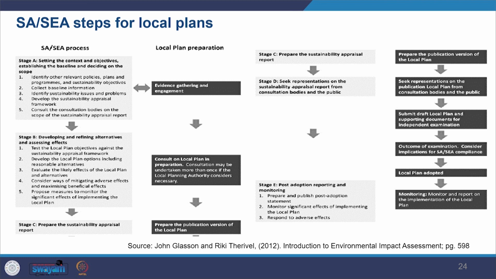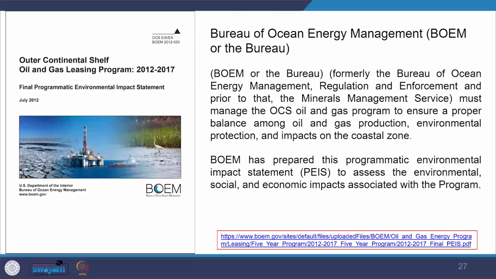You see that post-SEA project level assessment is also needed, like the mitigation itself. Here we can see one example. There are a lot of examples which we have given you in the suggested read and watch. I have taken one example to help you see what it looks like and what scale it works on.